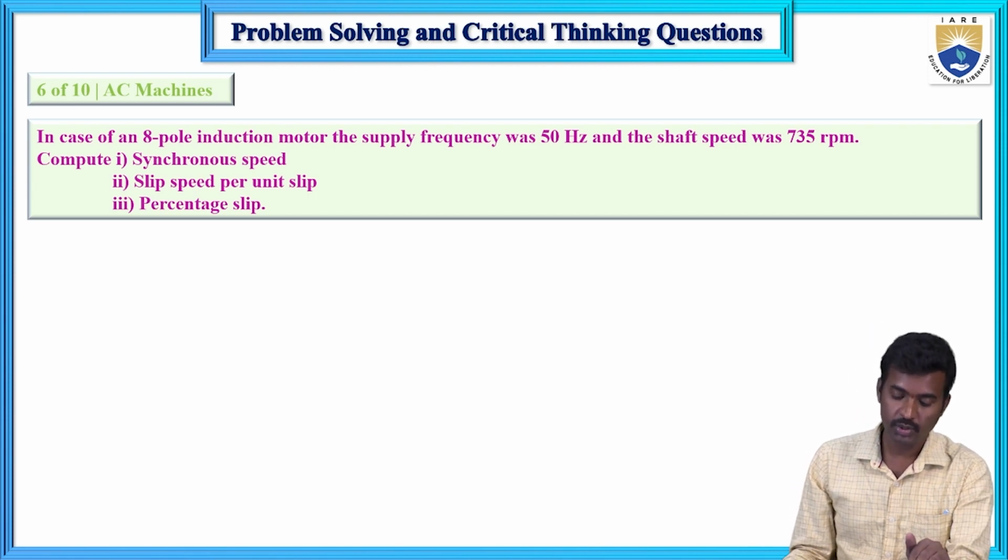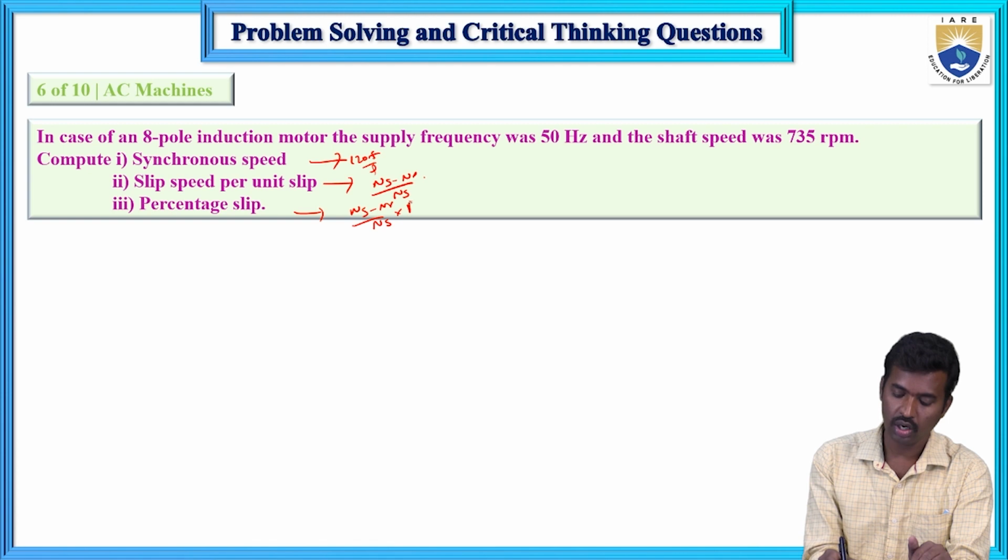Synchronous speed equals 120 f by p. Slip speed equals ns minus nr. Per unit slip equals ns minus nr divided by ns, and percentage slip equals ns minus nr divided by ns into 100. Slip speed indicates only ns minus nr.